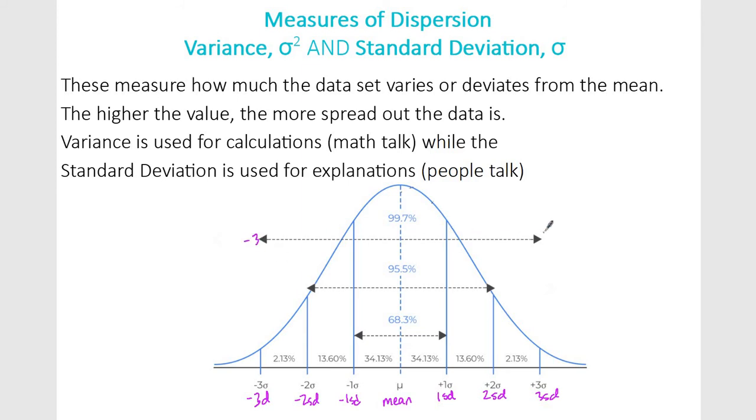That means 0.3% is more than 3 standard deviations. So this is 0.15, this is 0.15, is everything up past those, which is a very, very slim possibility, okay?